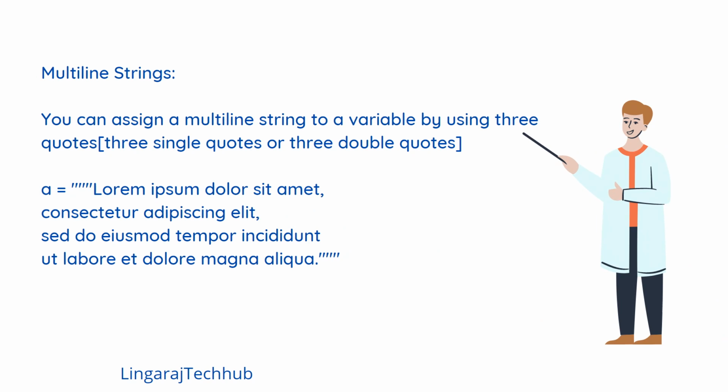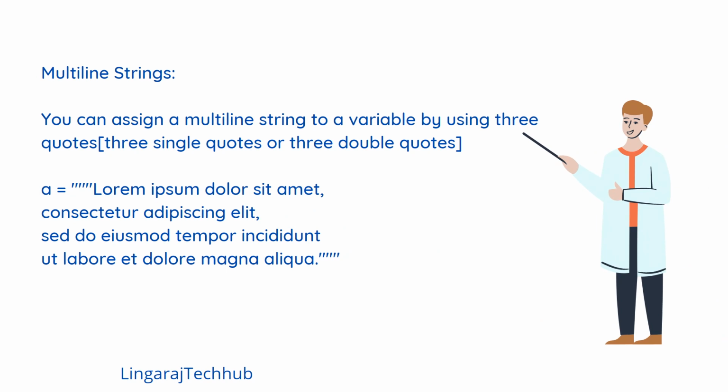Multi-line string. What is the meaning of a multi-line string? Multi-line strings are used when you want to add more than one word across multiple lines. Suppose there is a paragraph, which means there is more than one line. One line is completed, then the next line starts.